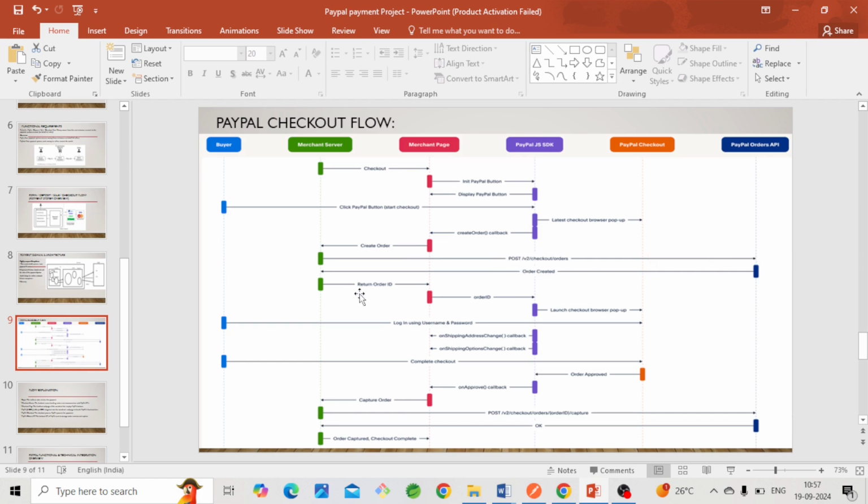So we are making an API call to the PayPal Orders API.